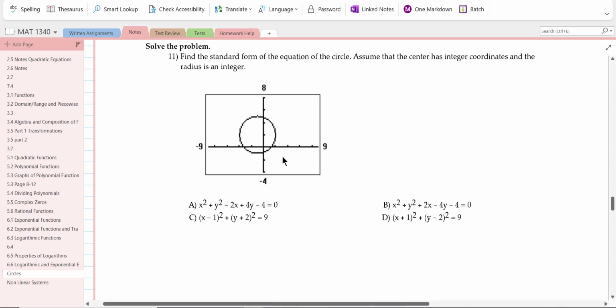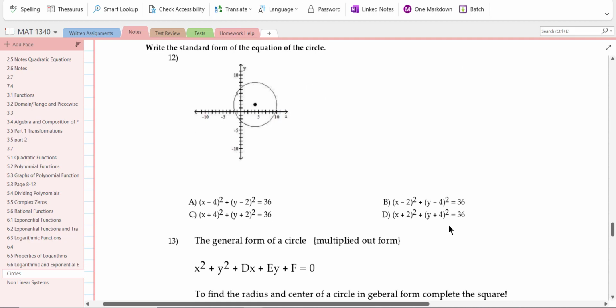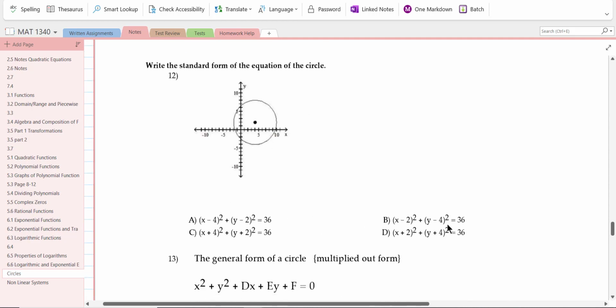I don't know if I like that problem number 11. I took that out of a computer. It's a little hard to tell what that one is. Number 12 is a better example.